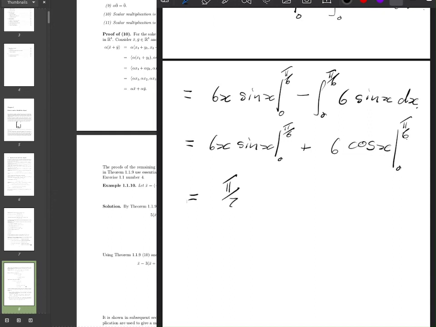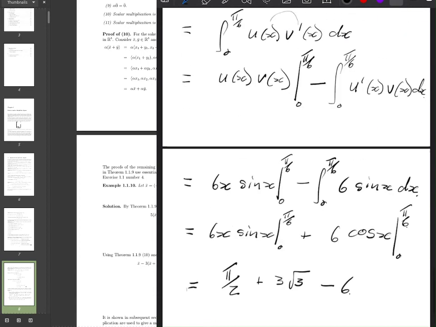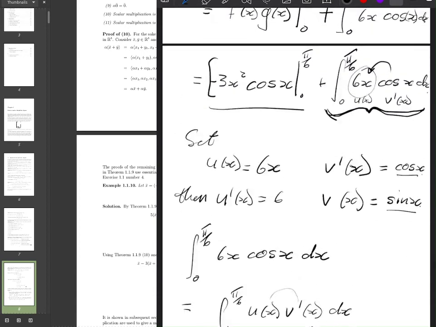What I get is pi over 2 plus 3 times square root 3 minus 6. So this term is this expression that we just had.